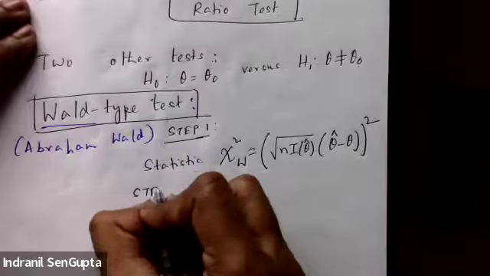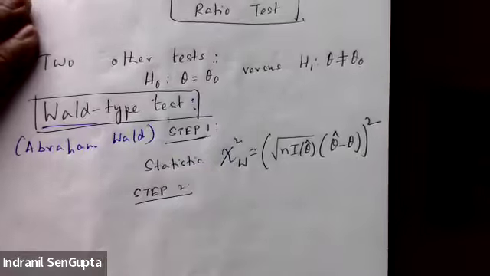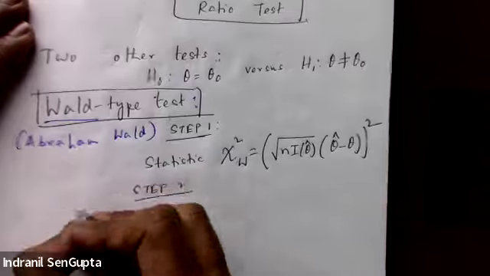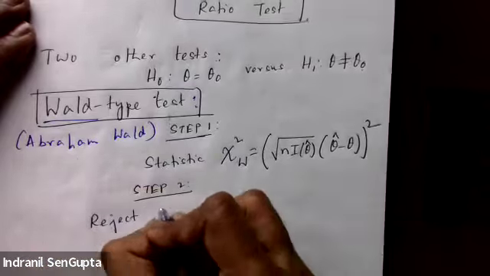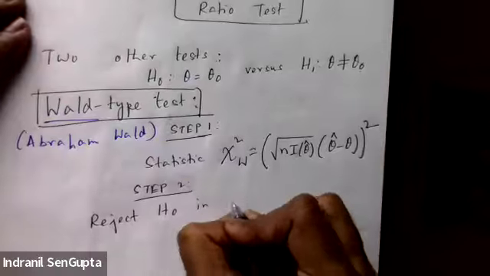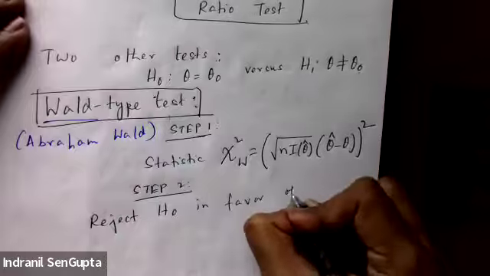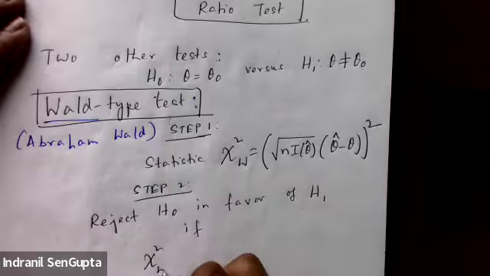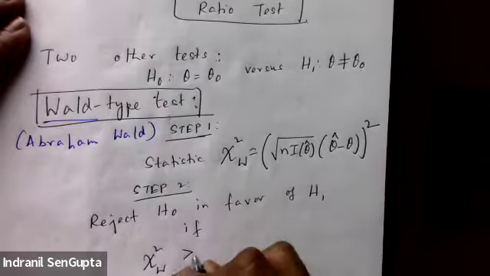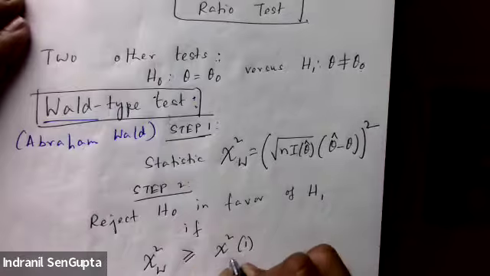Okay, step 2, reject H0 in favor of H1 if chi squared W, this quantity, is more than chi squared 1 with alpha.